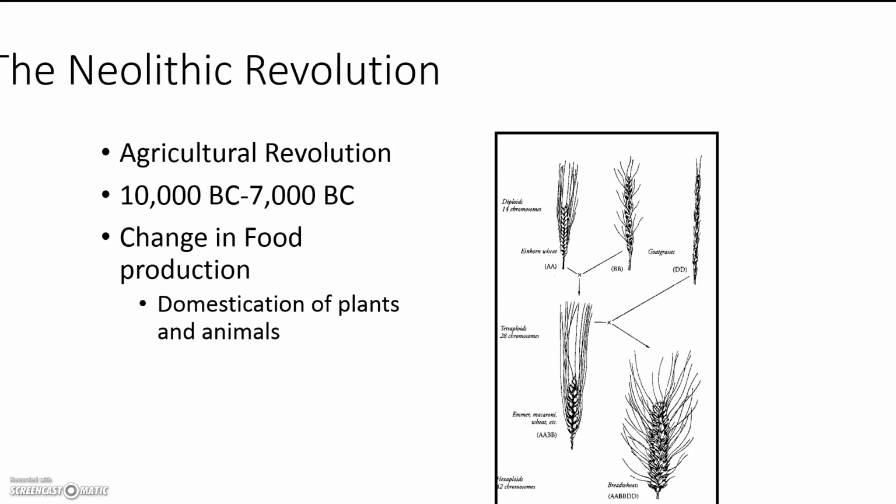But that lifestyle isn't really sustainable, and so we have a time period called the Neolithic Revolution, virtually the agricultural revolution from 10,000 BC to 7,000 BC, and we're going to have a change in food production because the exhausting component of moving constantly to find food had to change.